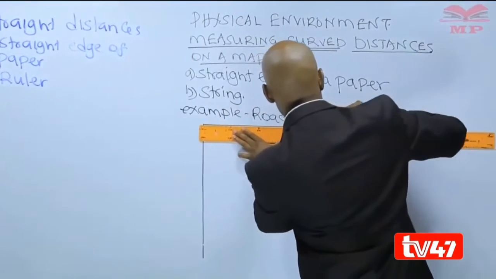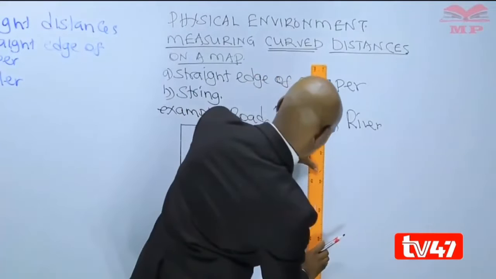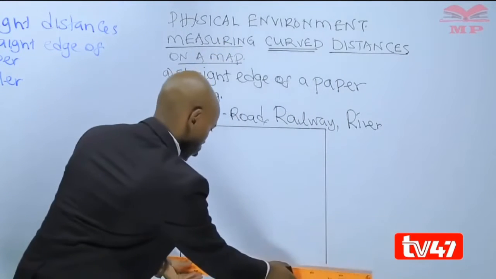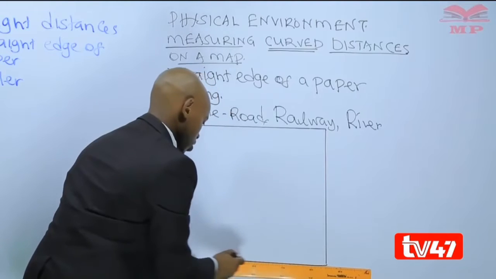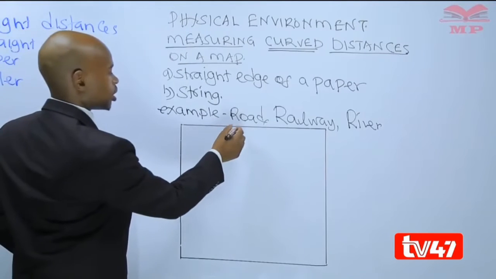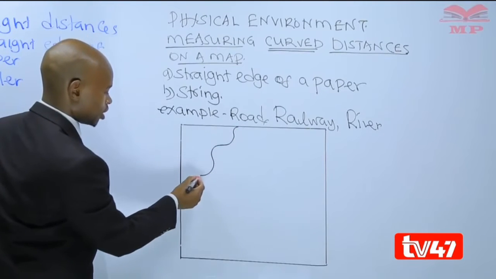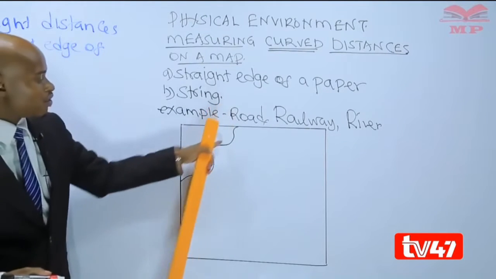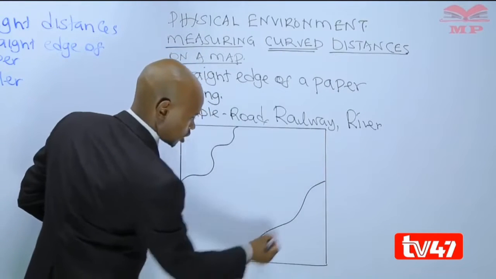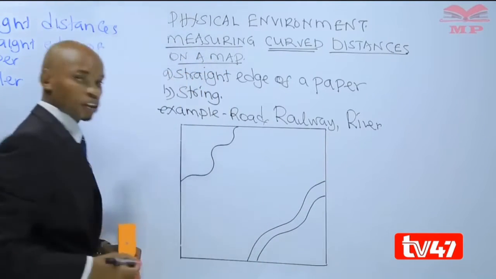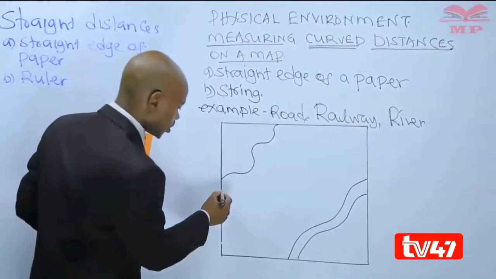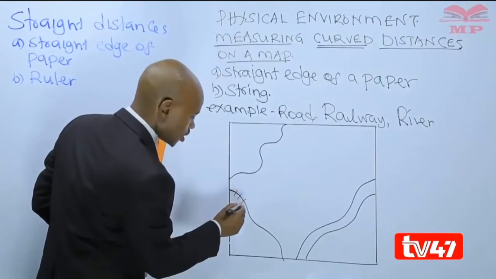Given that this is our map, and our concern is all about curved distances, for instance, this is a curved river, this is a curved road, and maybe you can also have a curved railway.